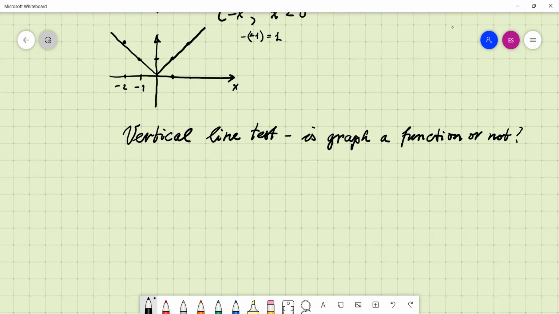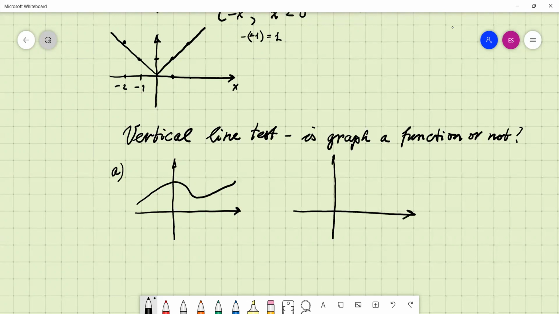What do I mean? I'm going to draw two graphs, and then we are going to investigate whether they can be functions or not. My graph A, and my graph B. Two graphs, and I'm going to investigate whether they are functions or not.